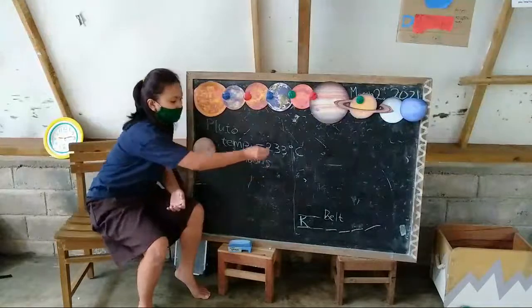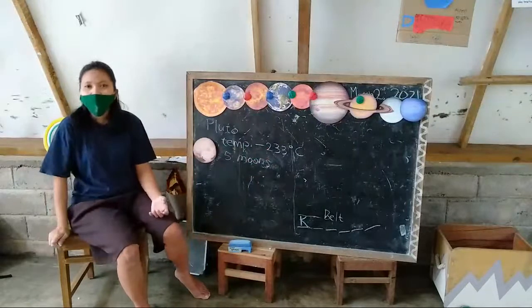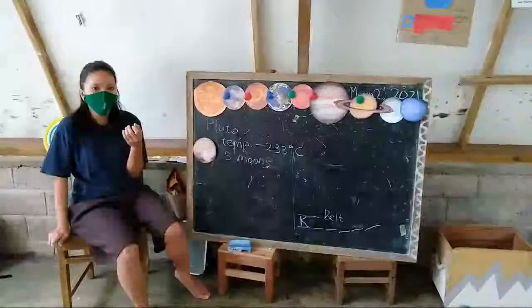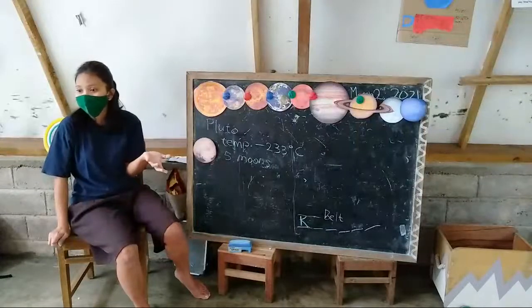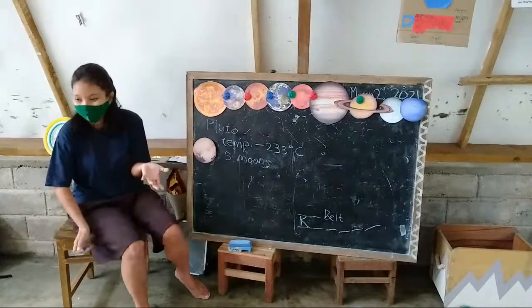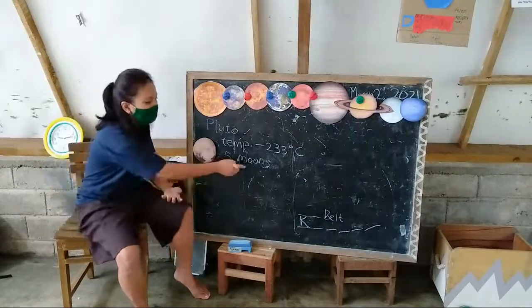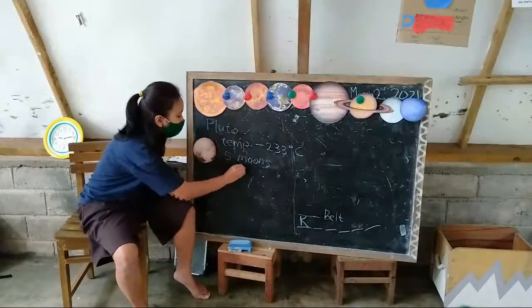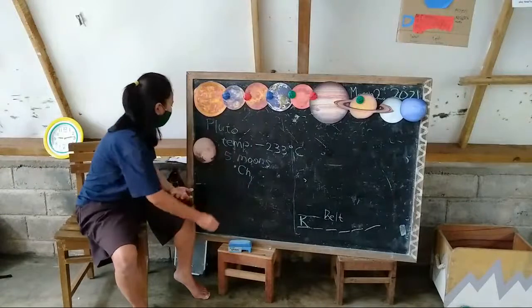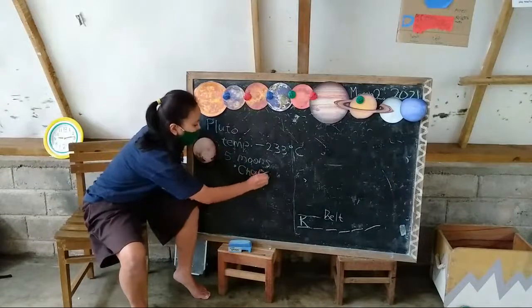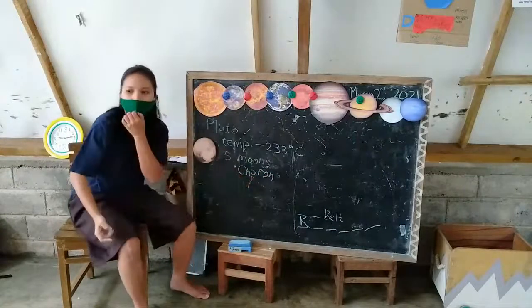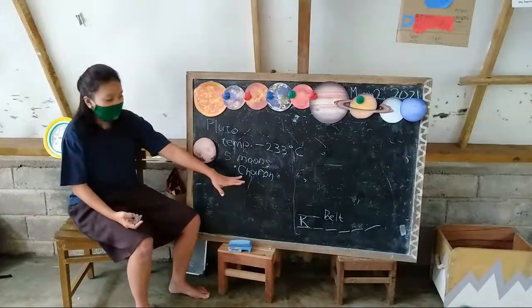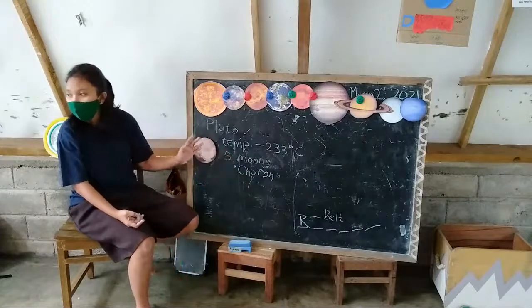The moon will freeze. Well, the moon has its own ground, right? Okay, it has 5 moons, and the biggest moon is named, I don't know how to pronounce it, but I pronounce it as Charon. Okay, this is the biggest moon of Pluto.